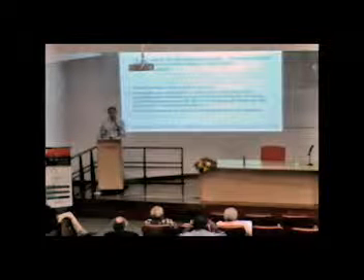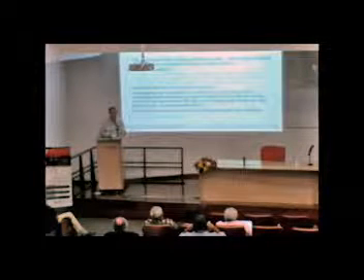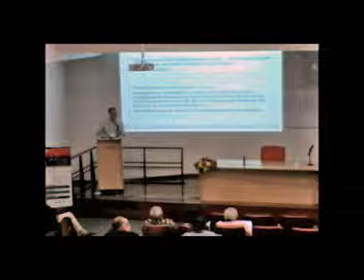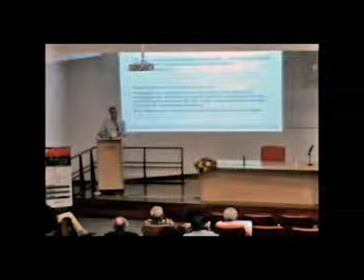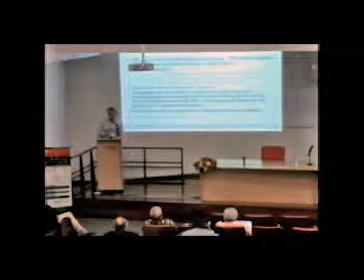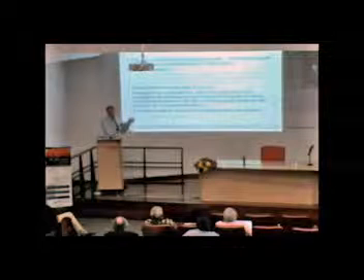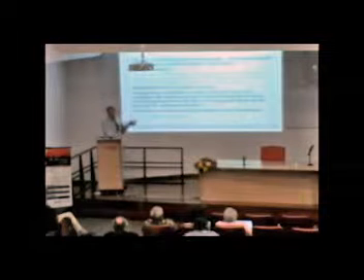Now that works in some sectors. It was particularly successful for pharmaceuticals, but it doesn't work more generally. And there's more recently been a realization that actually you do need this intermediate sector to do the translation.